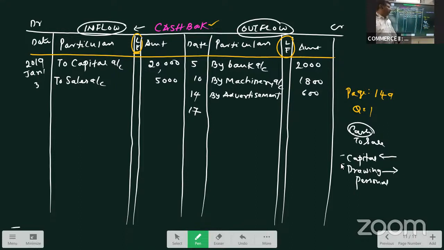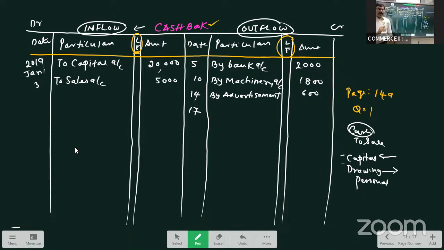He'll ask either capital or drawing for 2 marks. What is capital? Simple 2 lines. Capital is the amount invested by the proprietor at the time of commencement of the business. And what is drawings? Drawings are any amount or any goods taken away by proprietor for his personal use.